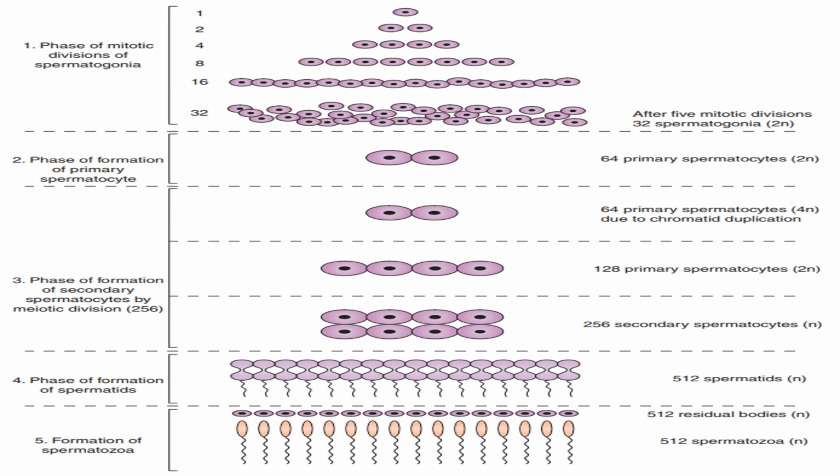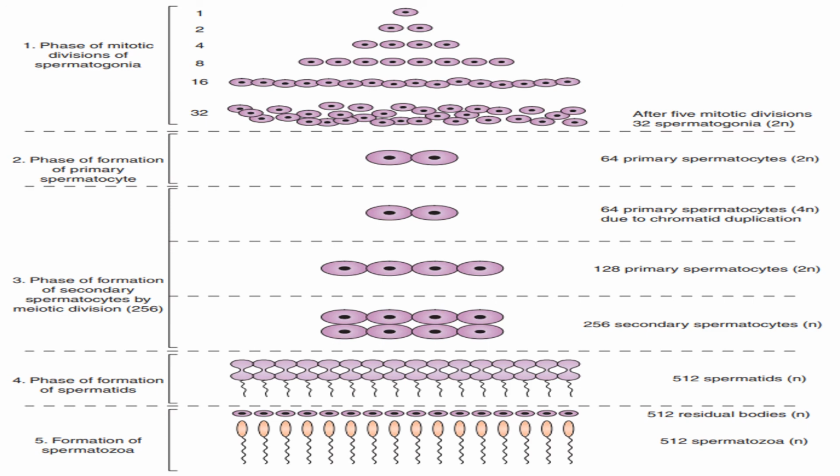Phase 2 is the formation of primary spermatocytes by cell division. The 32 spermatogonia, which have 46 chromosomes, undergo cell divisions to form 64 primary spermatocytes. The primary spermatocytes are large cells with a large nucleus having the diploid number of chromosomes.